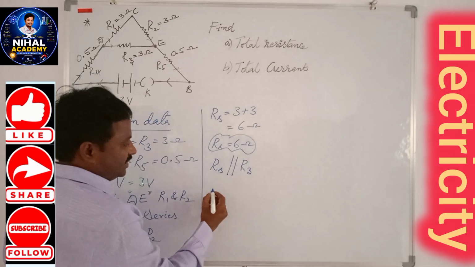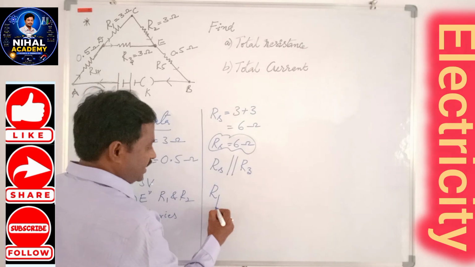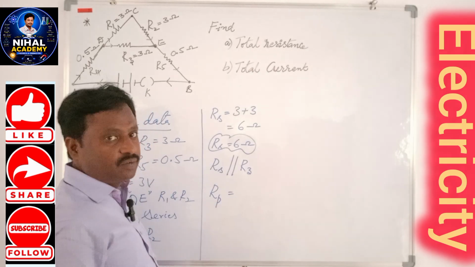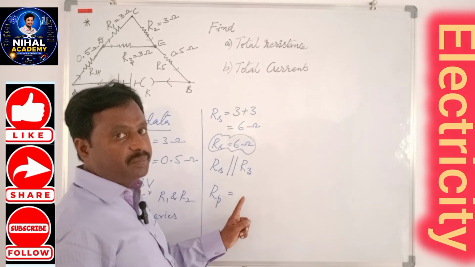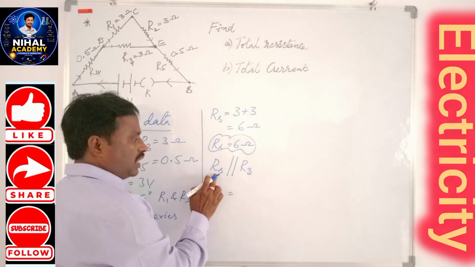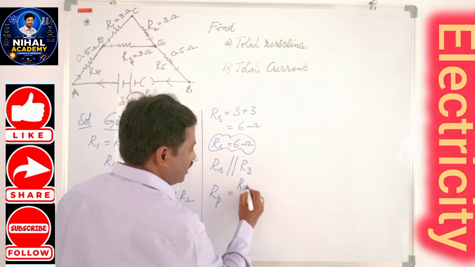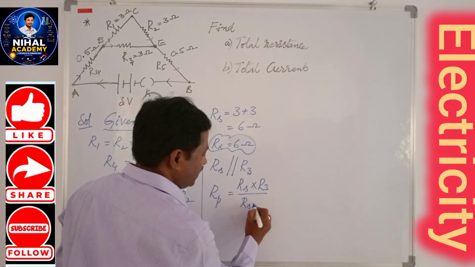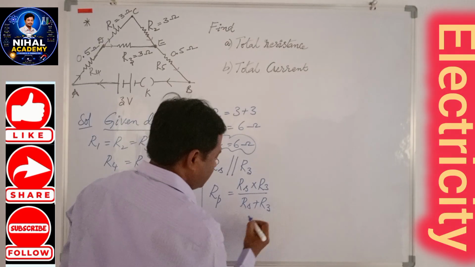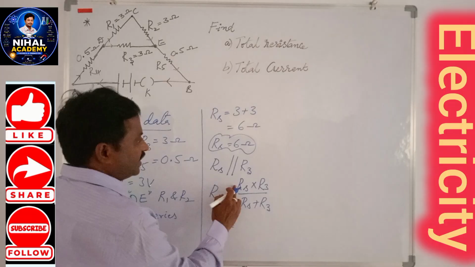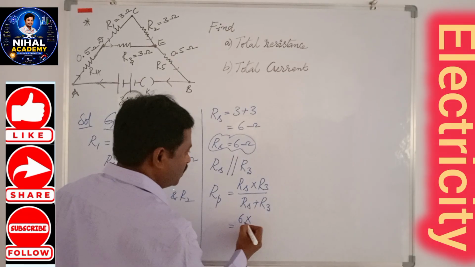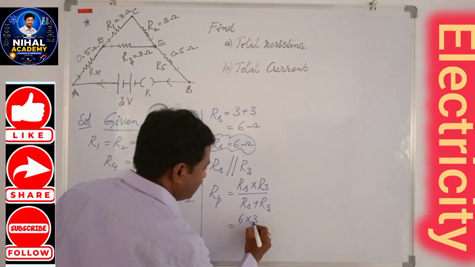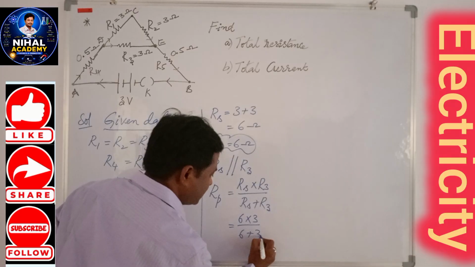Then the resultant, that means Rp, is equal to, what is the formula? R1 R2 by R1 plus R2. Here instead of R1 R2, Rs and R3. So Rs into R3 by Rs plus R3. Now substitute the values. Rs is equal to 6 into R3 is equal to 3, by 6 plus 3.